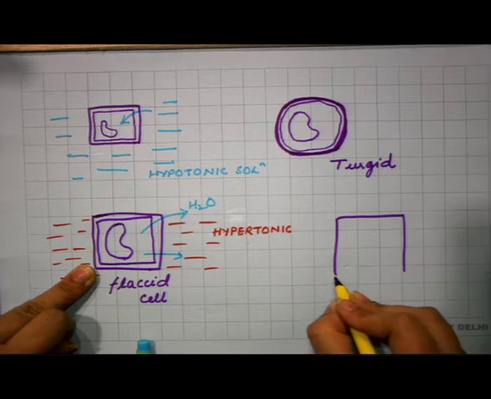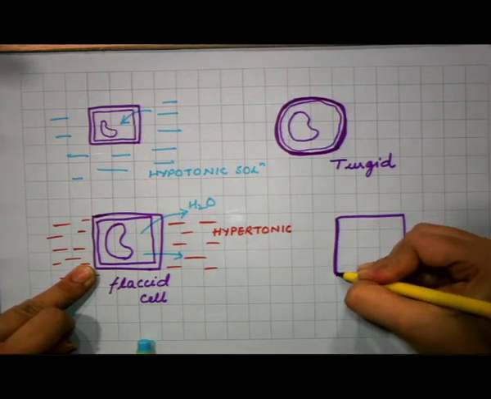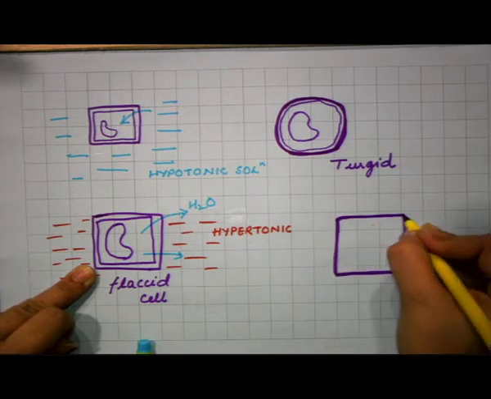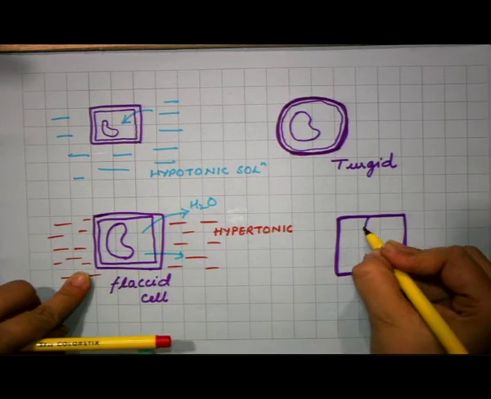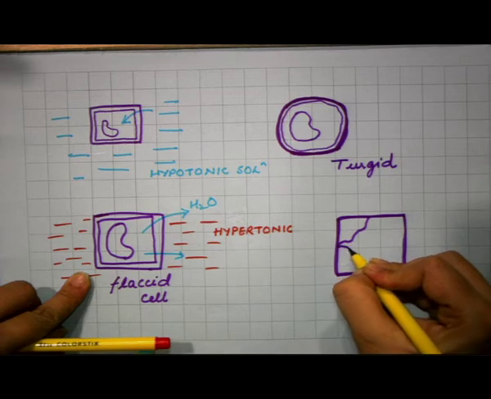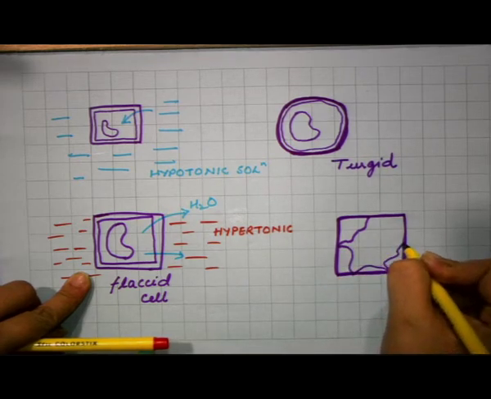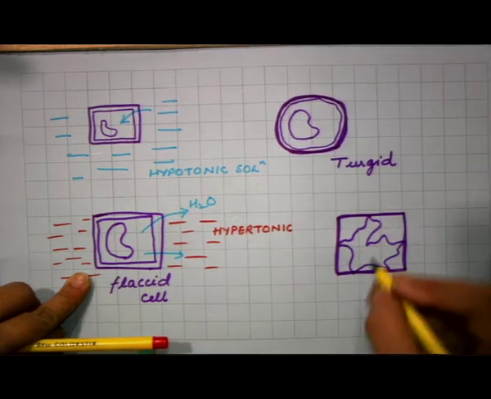There will be no change in the size of the cell because the cell wall stays where it was, but inside there will be a lot of change. The plasma membrane will shrink. It is somehow attached near the cell wall at some points, but largely it gets shrunk.